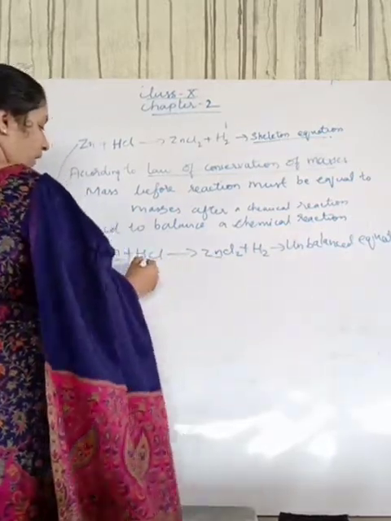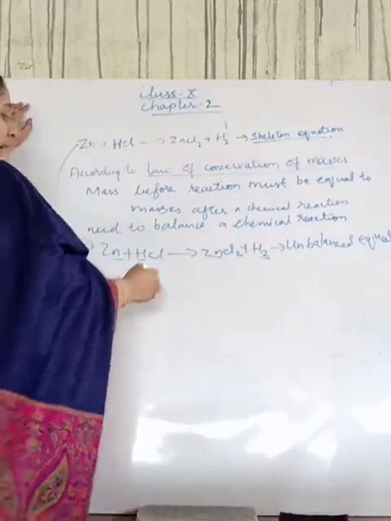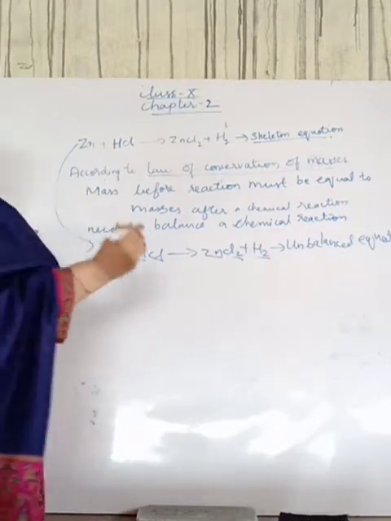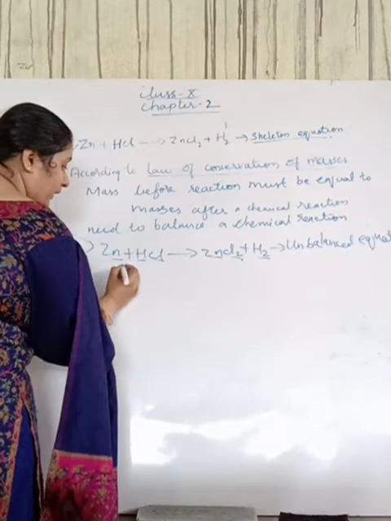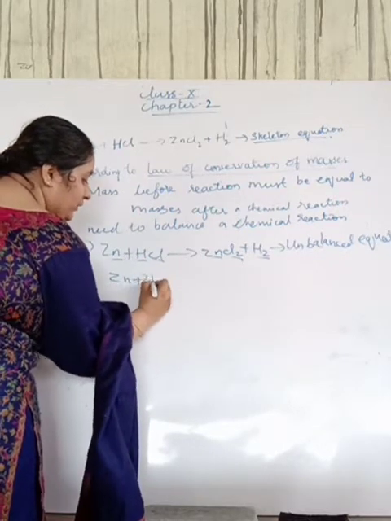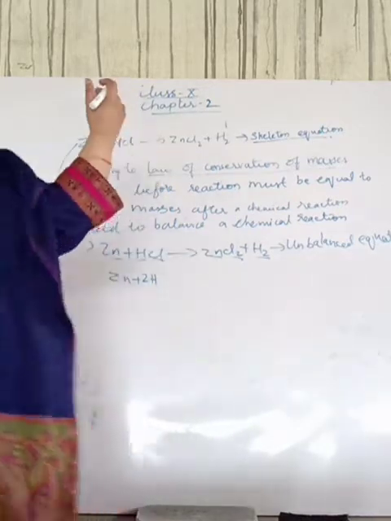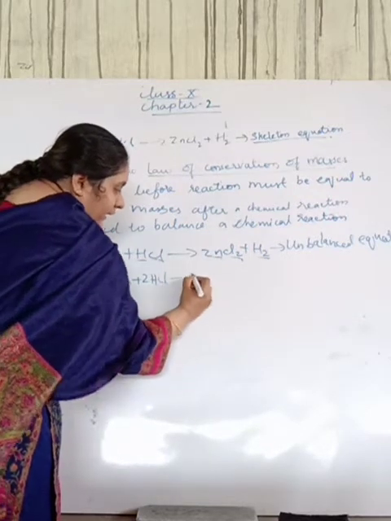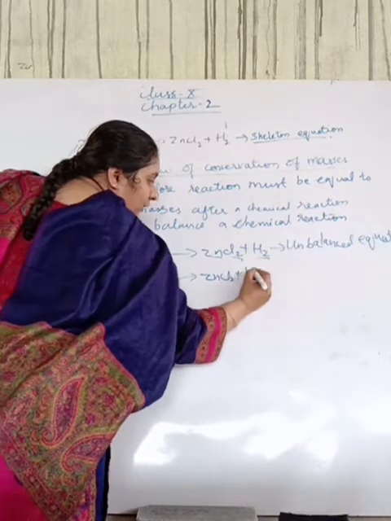Now 1 Cl, and H is 1 and 2H, and 1 Cl and 2 Cl. So what should I do? I should multiply here with 2. So Zn plus 2 HCl gives rise to ZnCl2 plus H2.